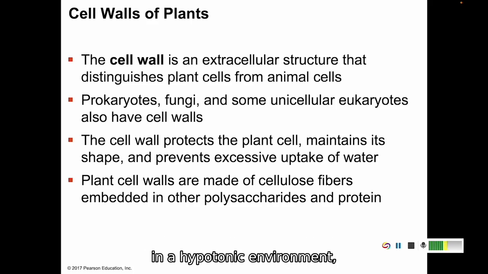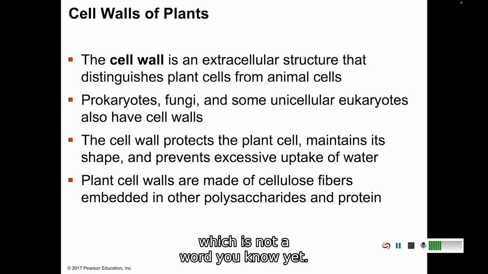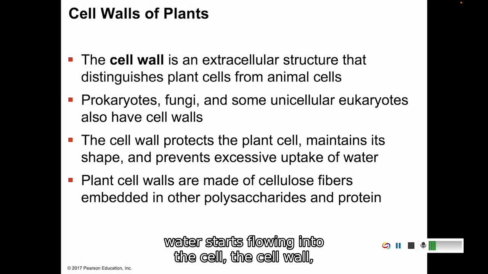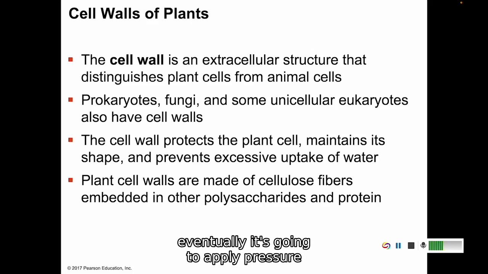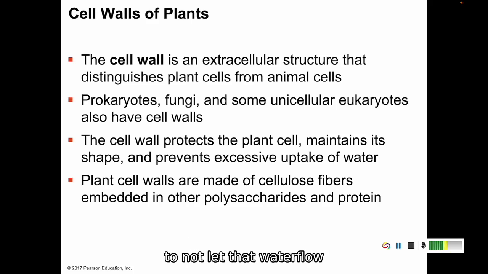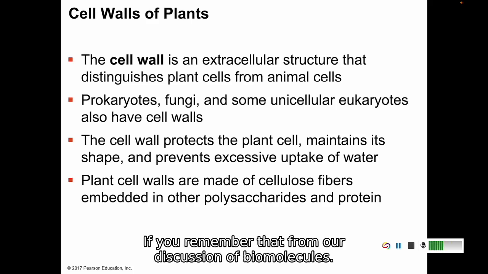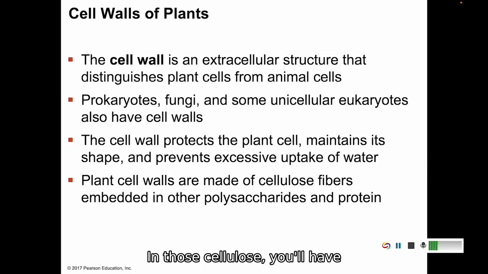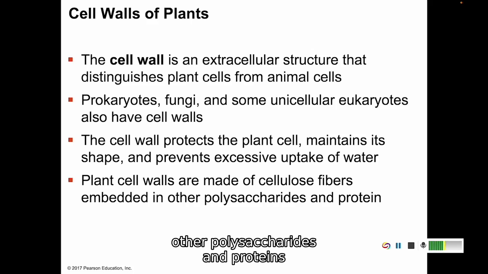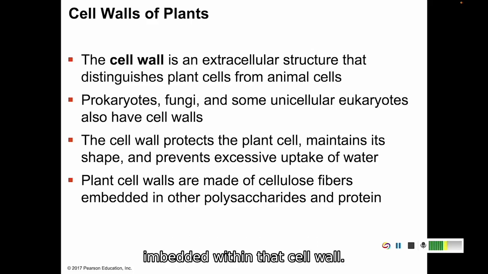If they are in a hypotonic environment, which is not a word you know yet, but an environment where water starts flowing into the cell, the wall eventually is going to apply pressure to not let that water flow on in. Plant cell walls are made of cellulose, if you remember that from our discussion of biomolecules. And in that cellulose, you'll have other polysaccharides and proteins embedded within the cell wall.